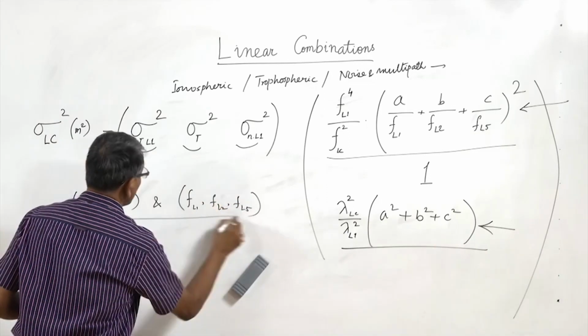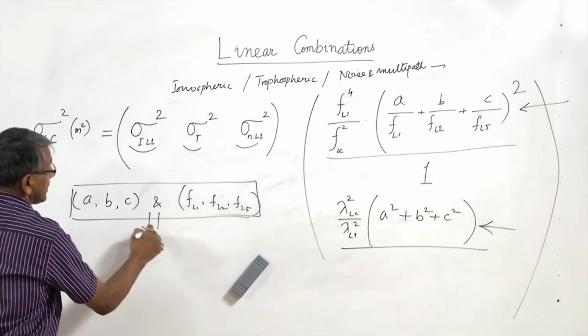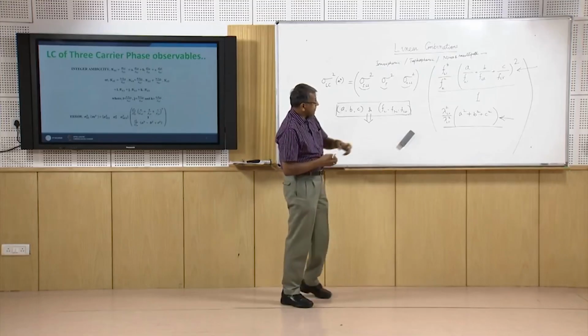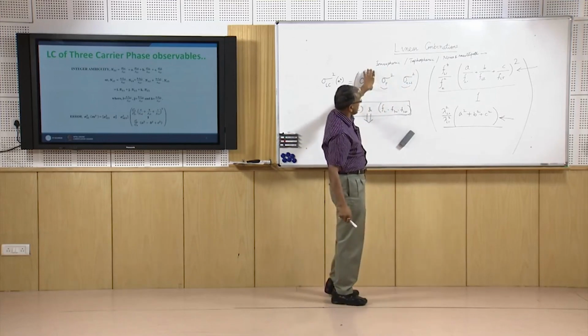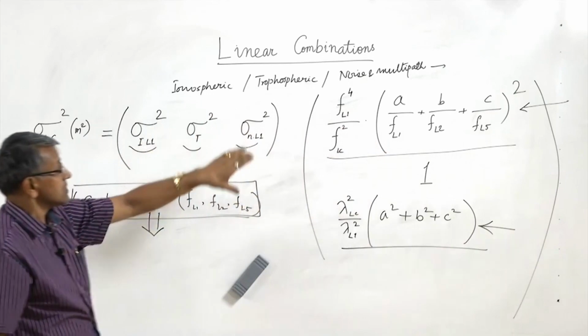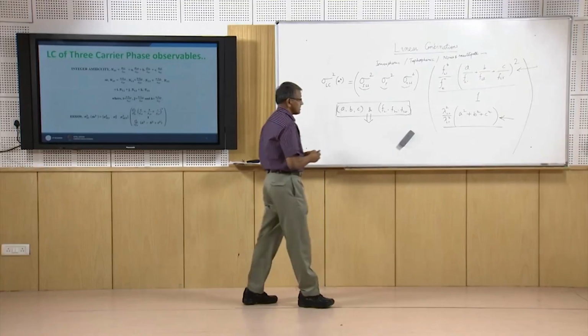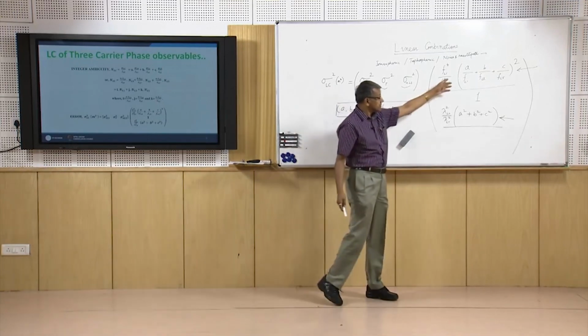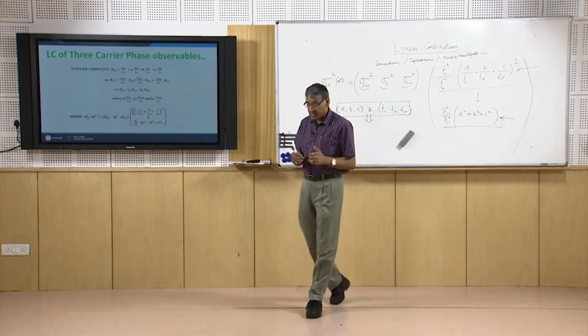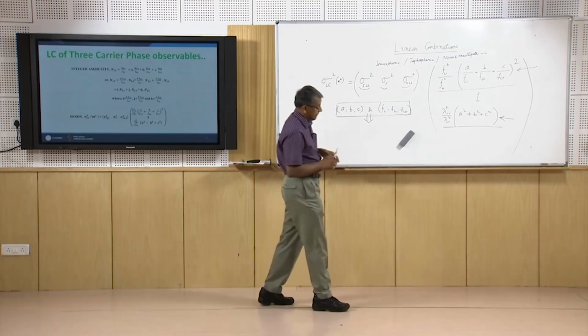Since the amount of error is the weighted sum, these weights are called the amplification factor of errors, because depending upon these weights the error gets amplified or reduced in the combined signal.